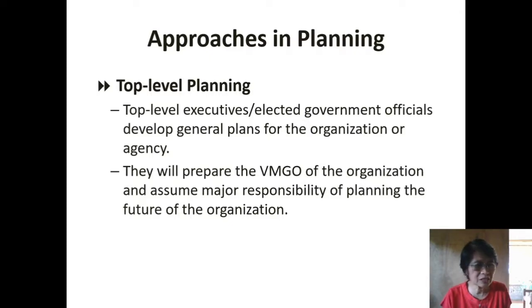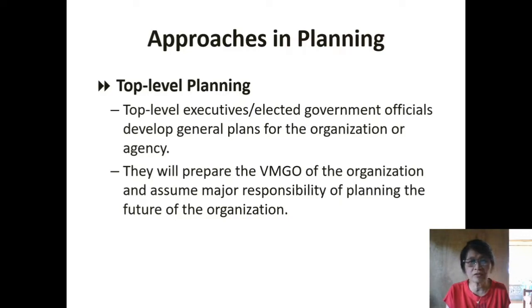What is advantageous to top level planning is these executives are the ones who know where the organization is going. They are the ones to determine or develop the VMGO of the organization: the vision, mission, goals, and objectives. And they are the best people who have access to the resources of the organization.